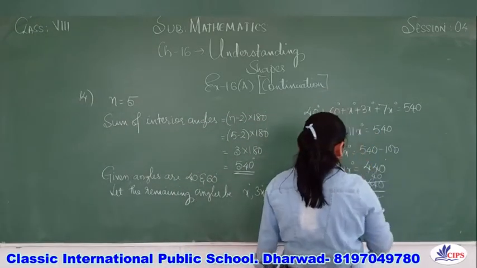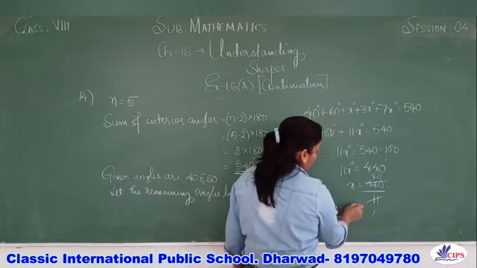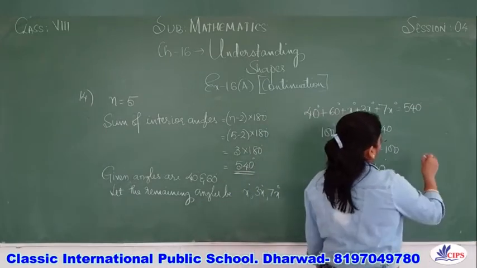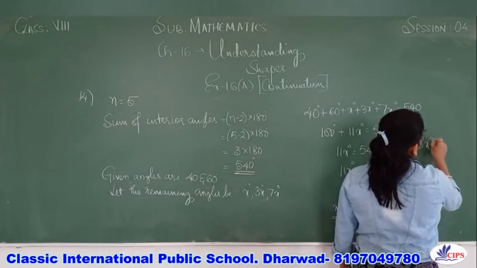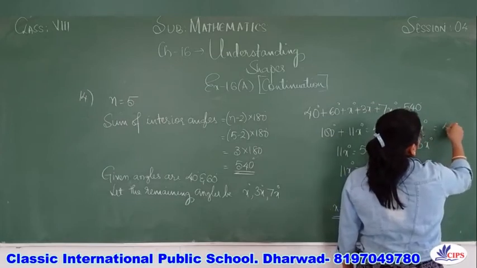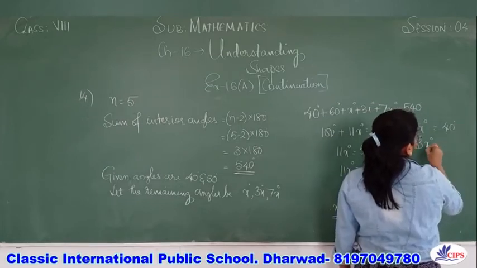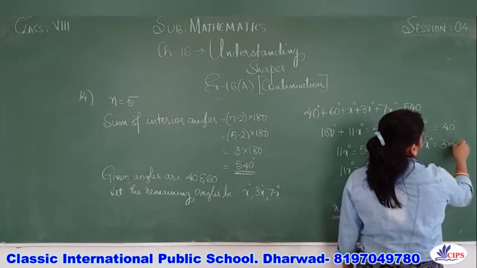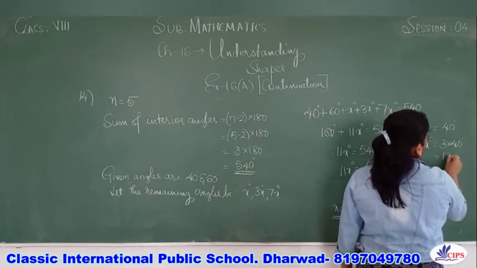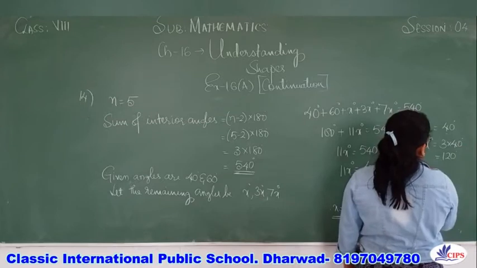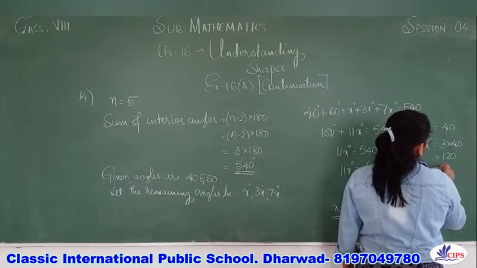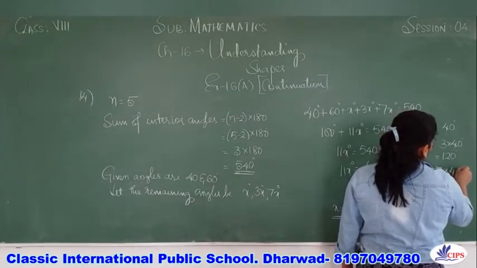So here we know the value of x. So one angle will be x, that is 40 degrees. Now let's find the next one, that is 3x. x is equal to 40 degrees. So 3 into 40, what will be 3 into 40? 120 degrees. And next we have 7x degrees, that is 7 into 40.